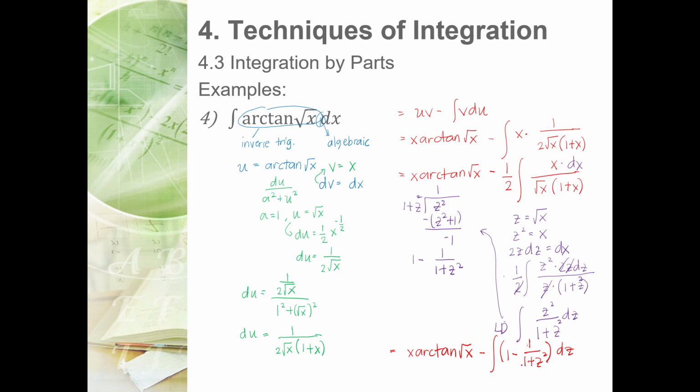So notice that the first term is just equal to z. The second term is arc tangent nga formula, di ba? So final answer, so ako lang siya i-simplify dali. X arctangent square root of x and then minus dz. So this becomes z, so minus square root of x and then plus arctangent.